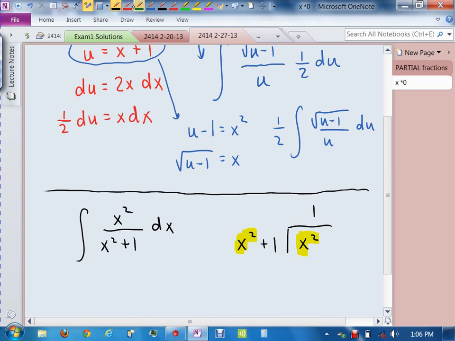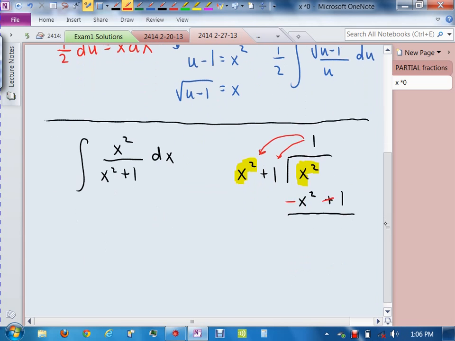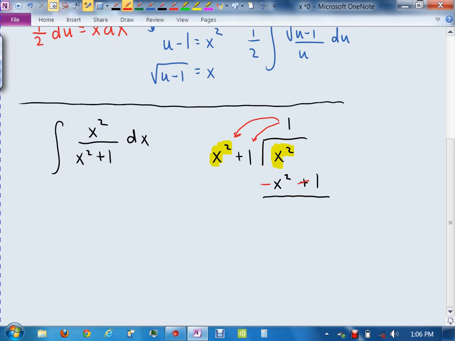Then you multiply that 1 times both of these terms and put those underneath. So what would we get there? x squared plus 1 here. But then you have to subtract this, so what are you left with? Just a negative 1, and that's your remainder.